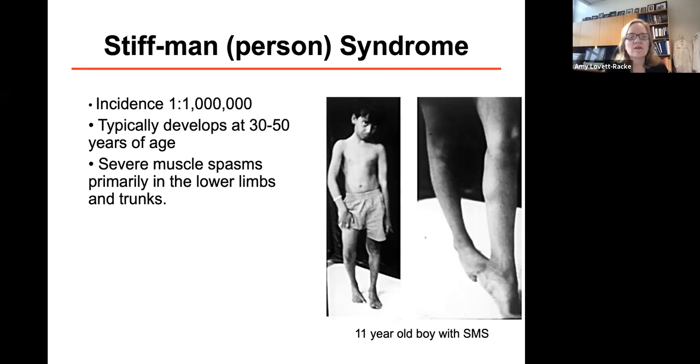These patients have severe muscle spasms that cause their legs to be rigid, and other limbs too. You see it in the lower limbs pretty obviously, and in this picture it's an 11-year-old boy who has it, so it can occur even at younger ages.